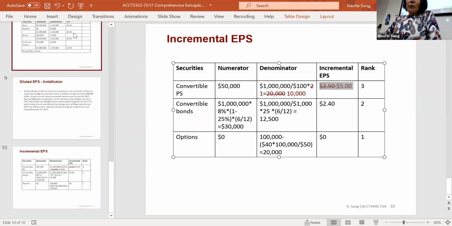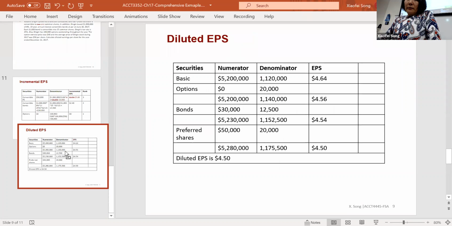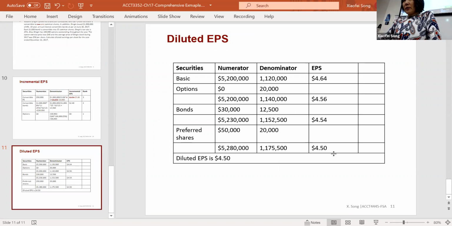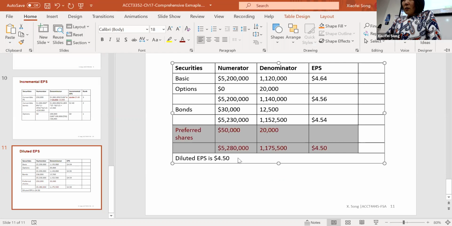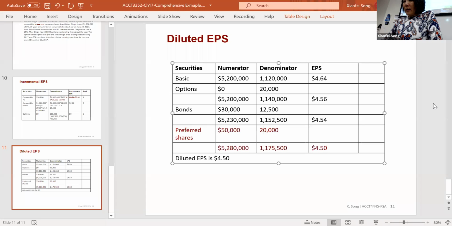Next, I will change this calculation, the diluted per share. So this is the part we need to change here, right? I'm just going to change this part. With that increase, this will be 1 instead of 2.